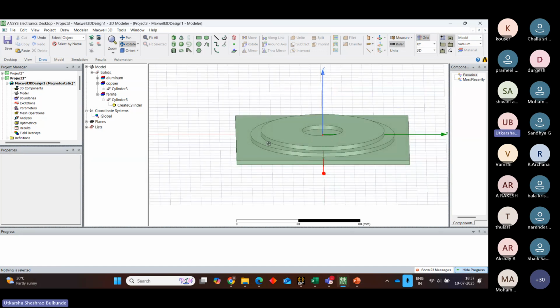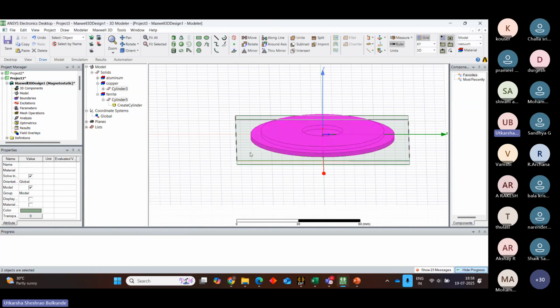Understood. Now this is your transmitter coil. Now to make your receiver coil, I told you one option is copy paste and move. The second option is duplicate. So I've already told you how to use copy paste and move options.